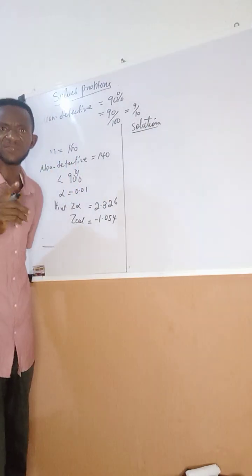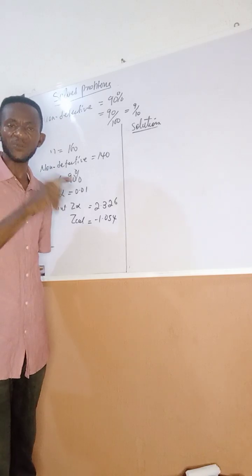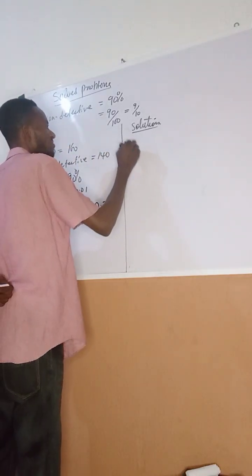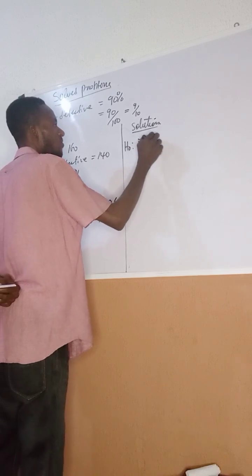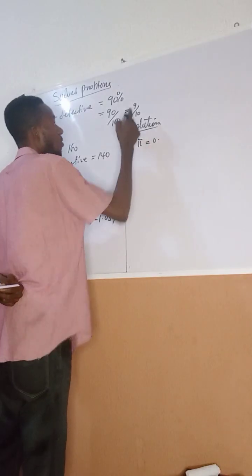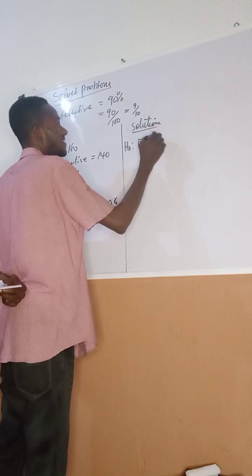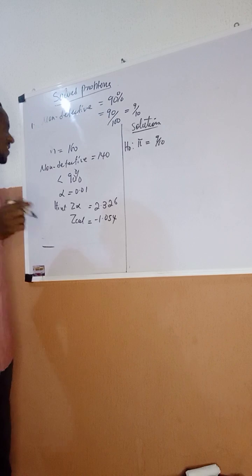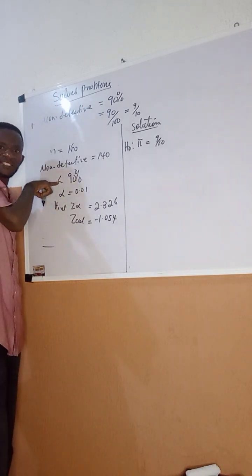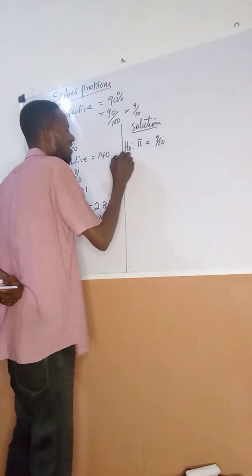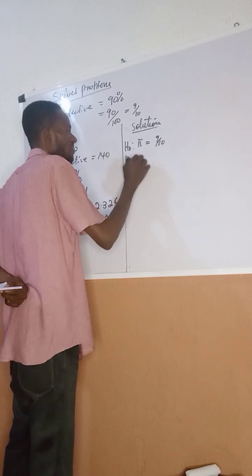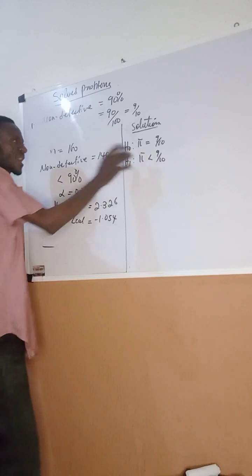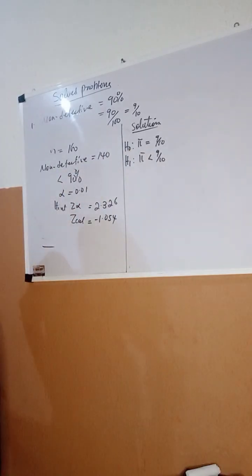The hypothesis here is H0: pi equals 0.9, or 9/10. We test it against the alternative that it is less than 90%, so H1: pi is less than 9/10. This is my null and this is my alternate hypothesis.